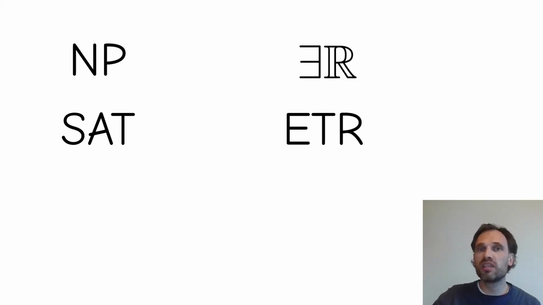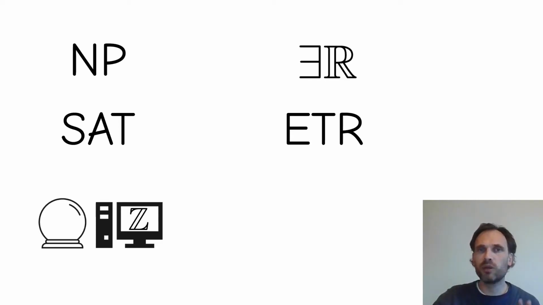But I want to give you a different way to think about the complexity class ETR, because it's kind of tedious to define this existential theory of the reals. So let's look at NP again, and a different way to look at NP is you have your crystal ball, and you're guessing some solution for your input, and then you check it on the word RAM whether that solution was actually correct or not.